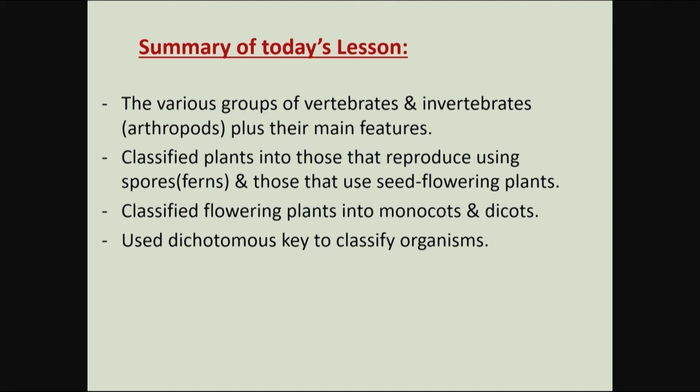We've also classified flowering plants into the monocots and the dicots. We looked at the different features of monocots and dicots. We also tried to use the dichotomous key, or the classification key, to classify certain organisms.